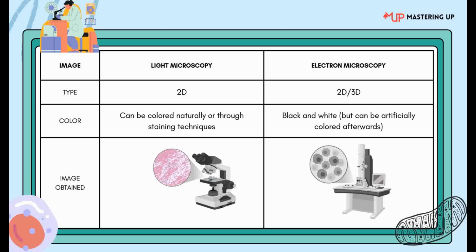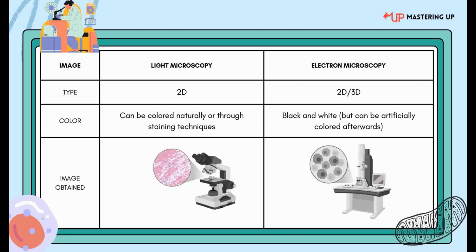Light microscopy typically produces 2D images as the thin slices of specimens or live cells are observed from a top-down view. However, with advanced techniques like confocal microscopy, 3D reconstructions of cells and tissues can be created by combining multiple 2D slices.